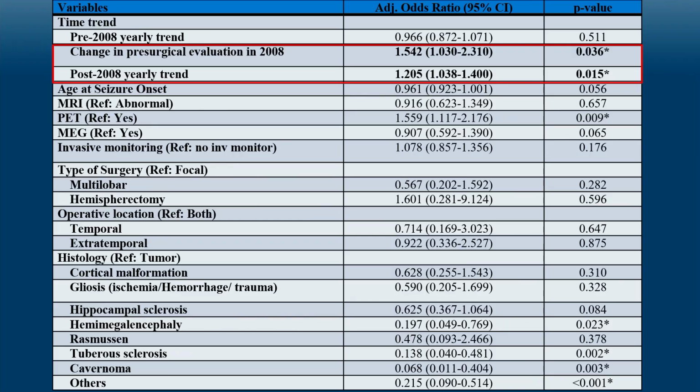We then assessed how this change in practice affects surgical outcome. We showed that following the change in practice, there was an improvement in seizure-free surgical outcome, emphasizing the importance of really good MRI techniques and the inclusion of one of these additional tests, PET, SPECT, or magnetoencephalography, in those with normal MRI.